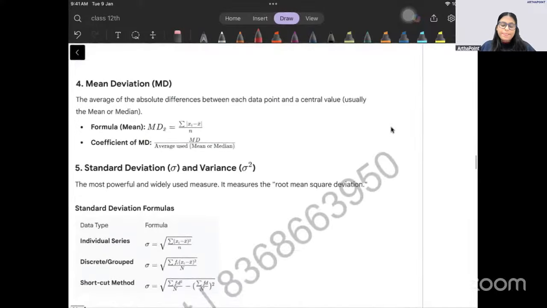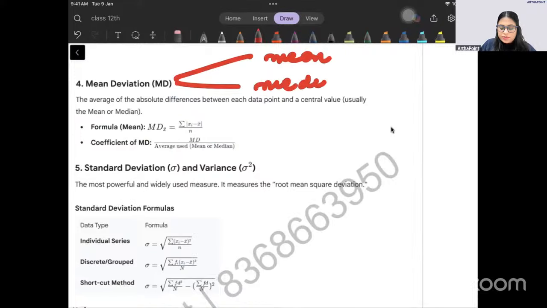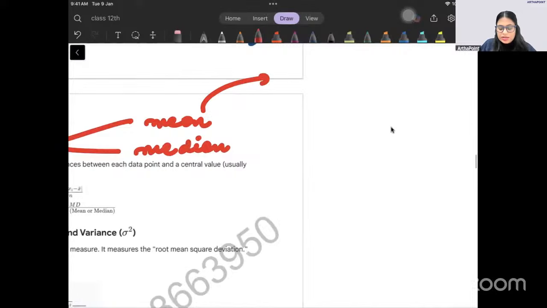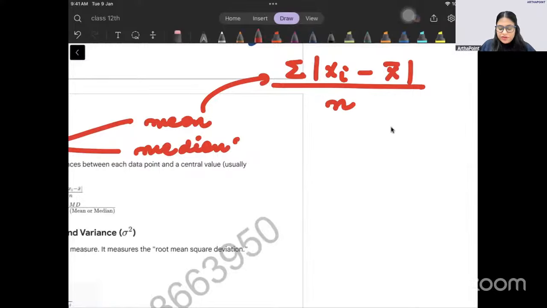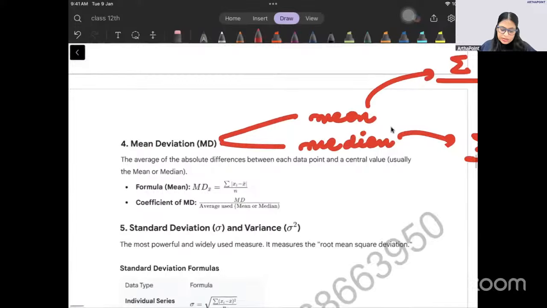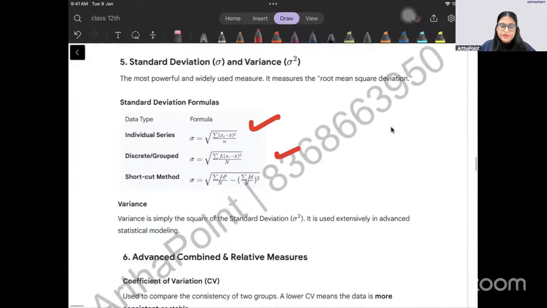Okay. Then you have mean deviation. Mean deviation can be around mean or it can be around median. अगर mean deviation around mean है, then the formula is summation |xi minus x bar| upon n. And if it is around median, then it is summation |xi minus median| absolute value divided by n. Okay. Then you have the formulas of standard deviation.